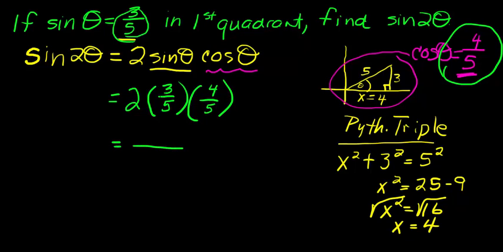So we take 2 times 3 times 4, which gives us 24, and we take 5 times 5, which is 25. So in this instance, the sine of 2 theta is equal to 24 over 25.